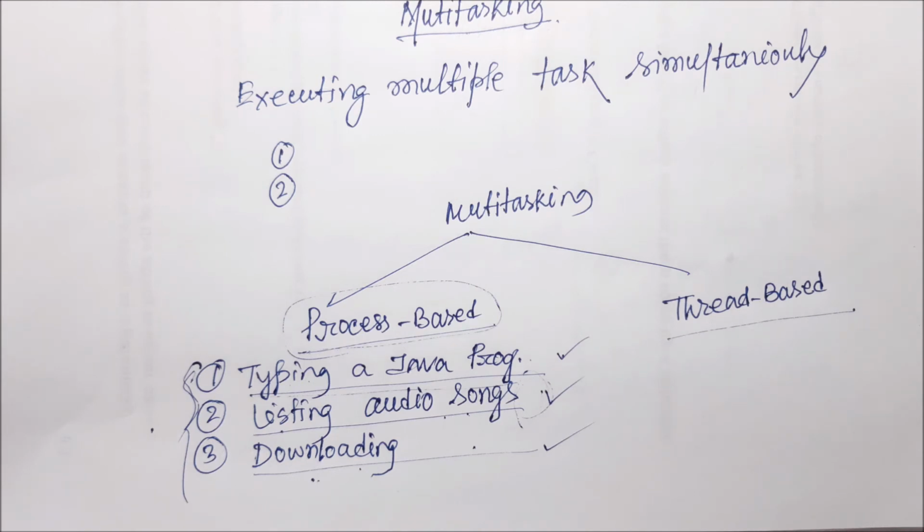That means we will write our Java programming code so that we can execute the program in such a way that we reduce the processor idle time, or you can say so that we can increase the performance of the system.